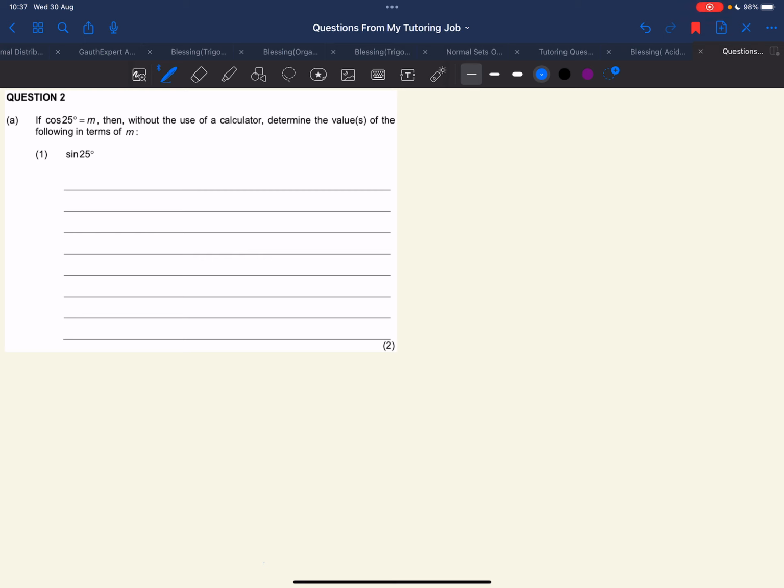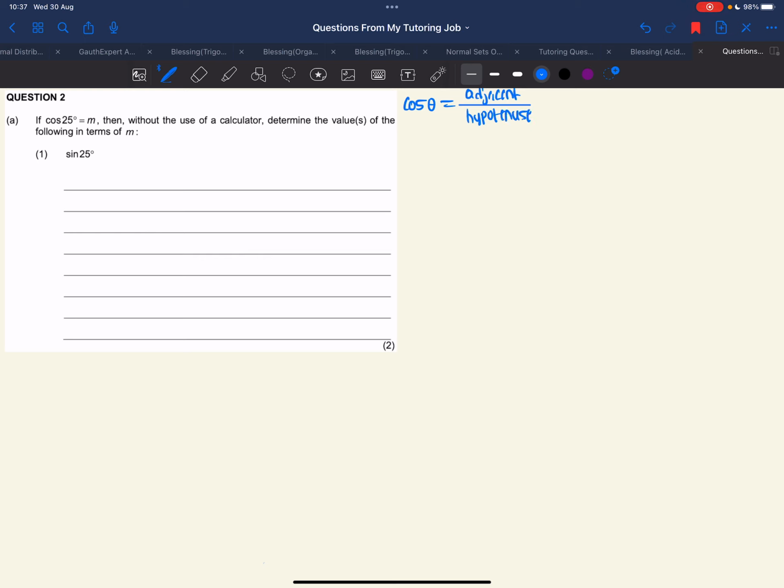Basically, remember, cos 25 degrees is actually adjacent over hypotenuse, right? Remember, cos of theta is equal to adjacent over hypotenuse.